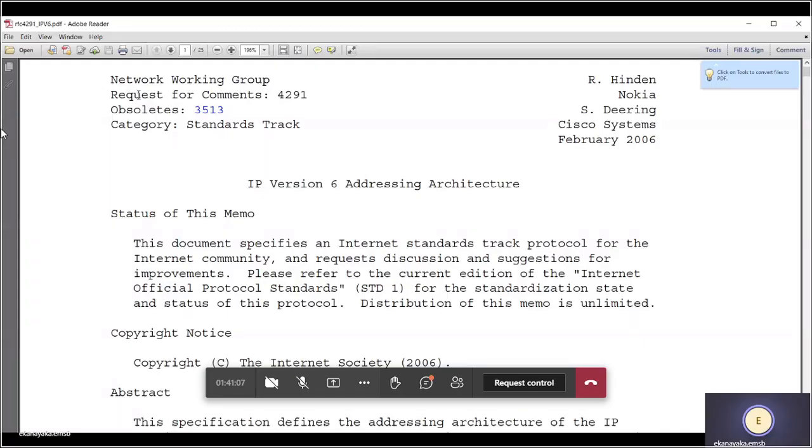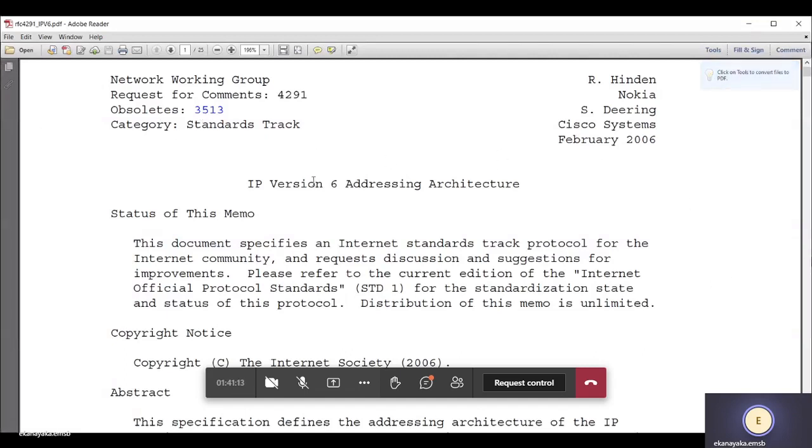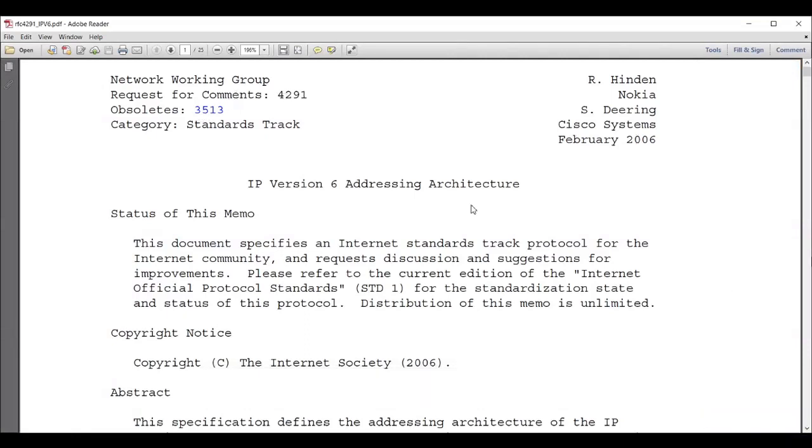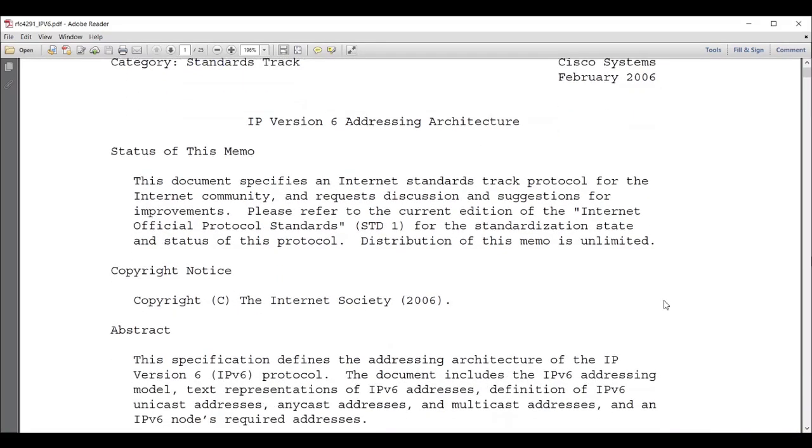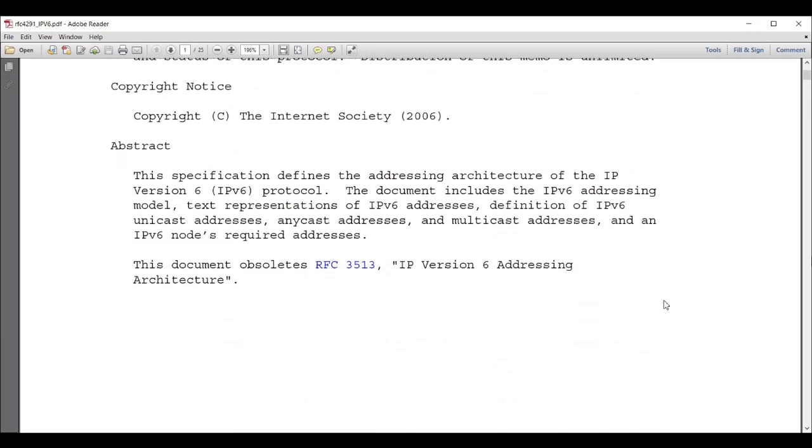This document is Request for Comments 4291. It obsoletes 3513 because it has been upgraded to 4291. That means more findings have been found by the scientists, so this is open to the public for their comments.